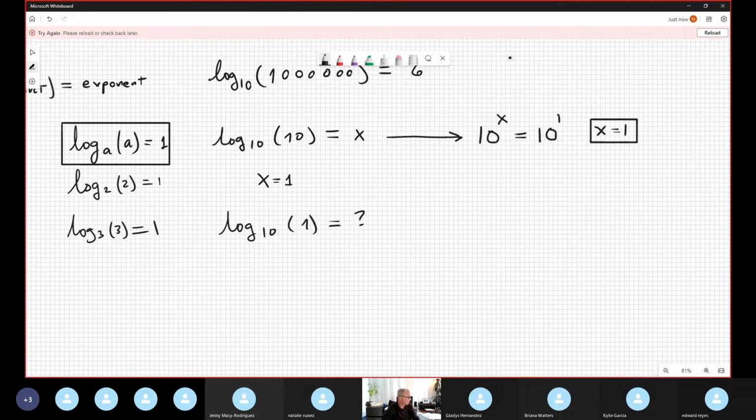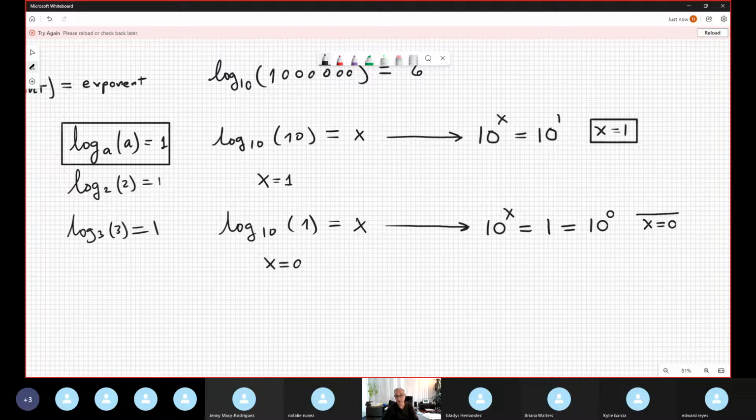Suppose I don't know, I put an X here. I convert to exponential; this arrow indicates conversion to exponential. 10 to the exponent I don't know is equal to 1. But you need to know that any base raised to the 0 power is 1. Not only 10, any number raised to the 0 power, therefore x is 0.